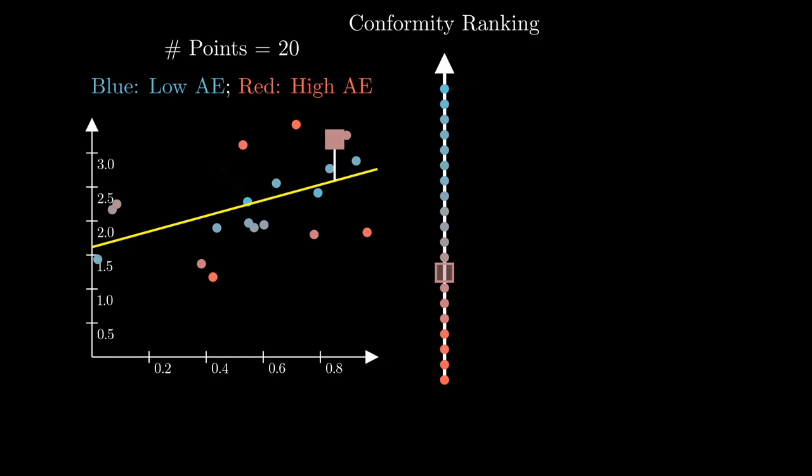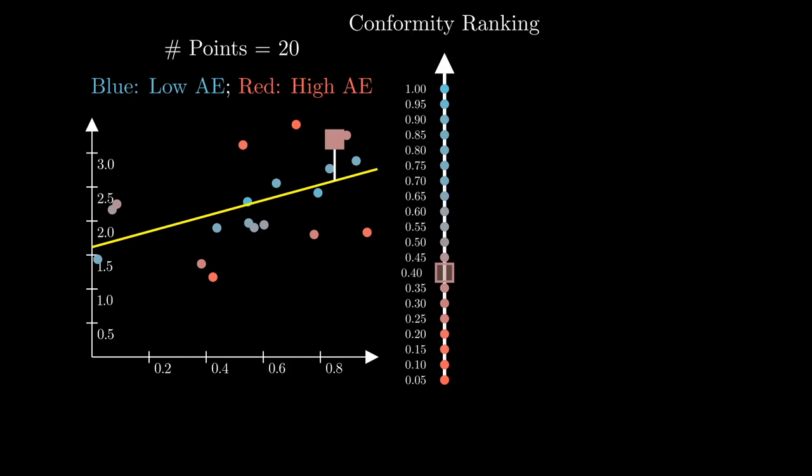The square, which is kind of conforming, but not too well, sits somewhere at the bottom half of the ladder. So, again, the higher the conformity of a point, the higher it sits in the ladder. Note that the values in this ladder are integers from 1 to the total number of points, here 20. Let's scale these values by dividing them by 20 so that everything is nicely between 0 and 1.